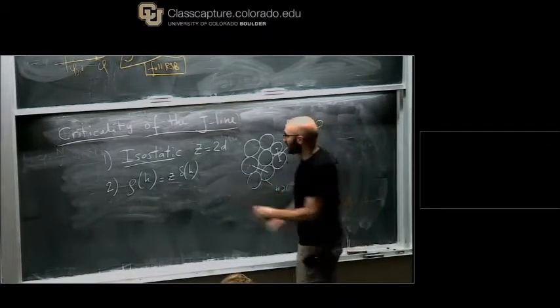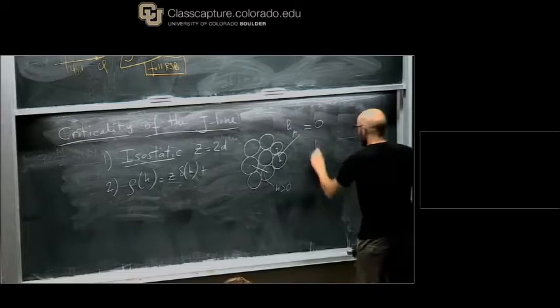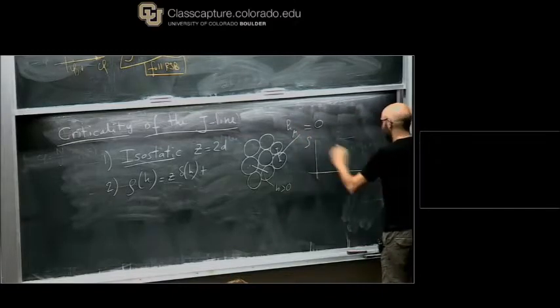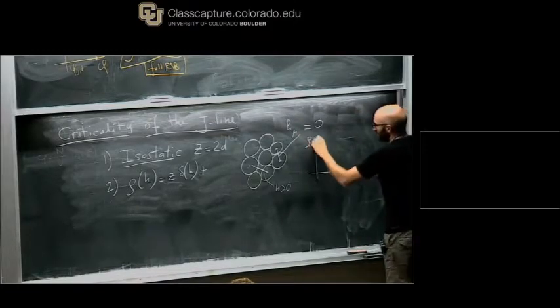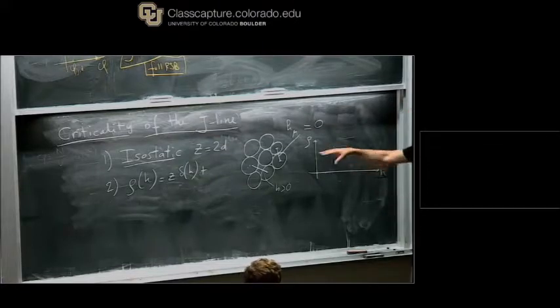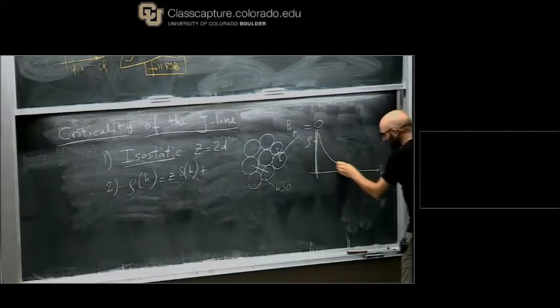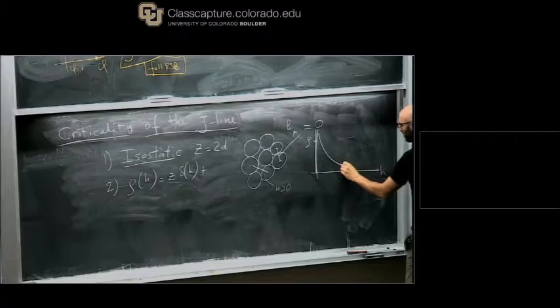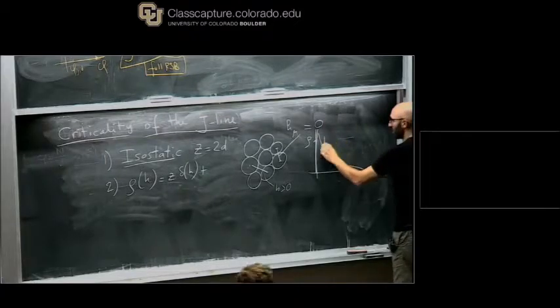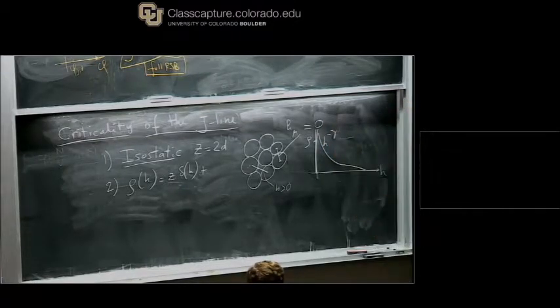But on top of that, you have some background. So if you want, you have your rho of h. By the way, in the sphere case, rho of h is basically the pair distribution g of r. It's just a change of variables. So you have a delta peak in 0. But on top of that, you have a power law. So you have a background. And your background is diverging with some exponent.